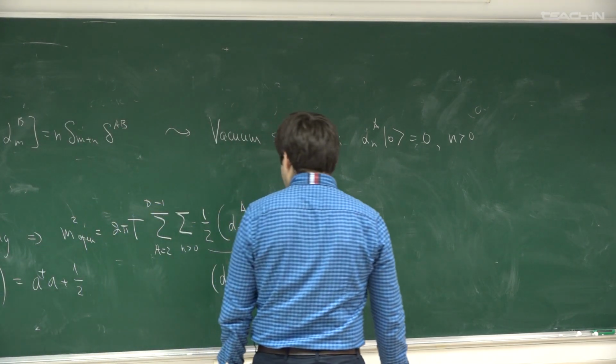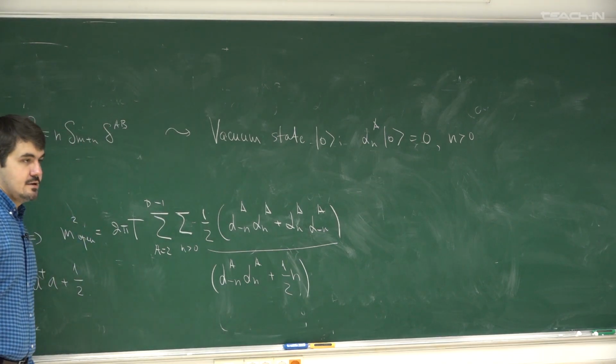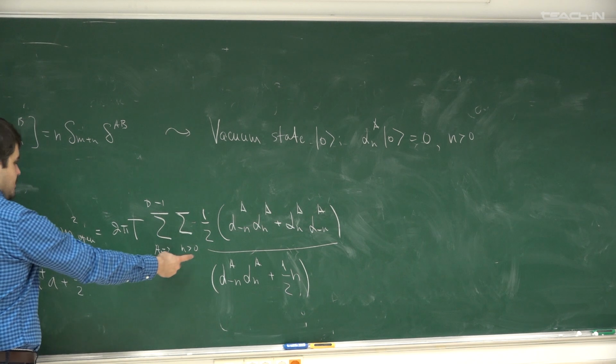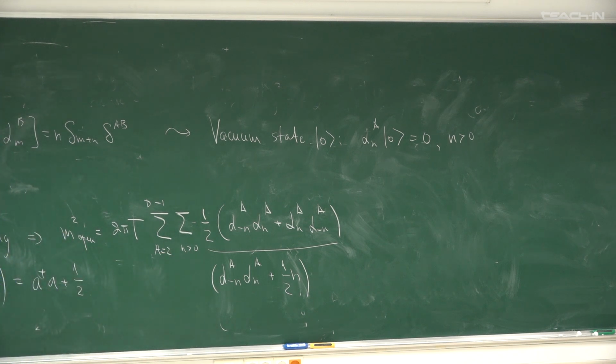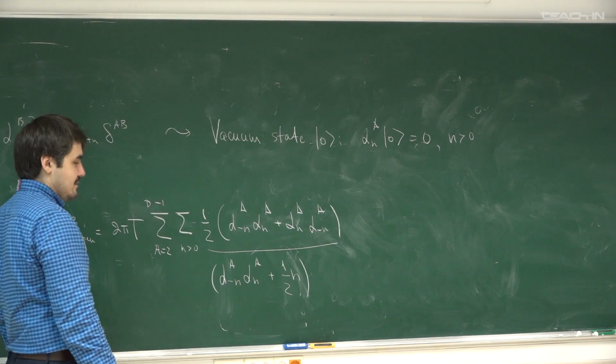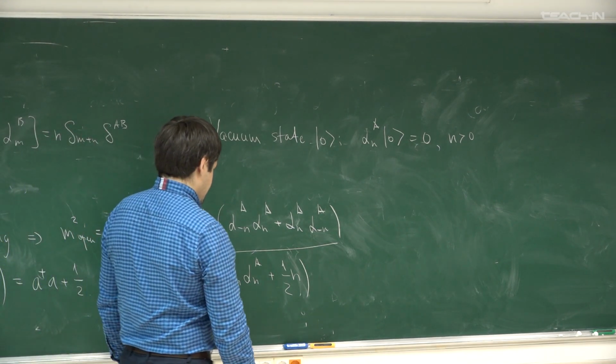So what's the problem with this? Why is this worse? Is it divergent? Yes, because we have an infinite number of these oscillators, and we're summing n from 1 to infinity.